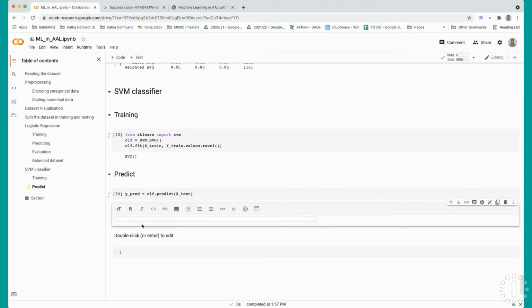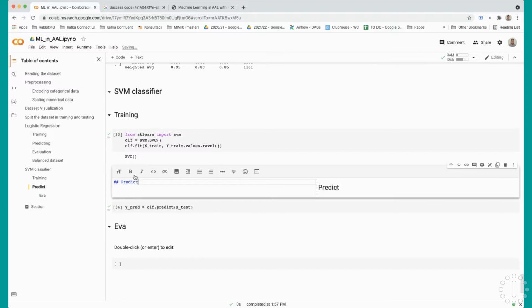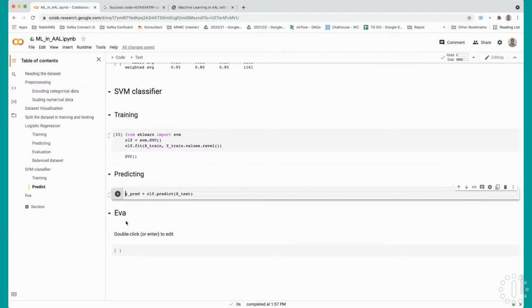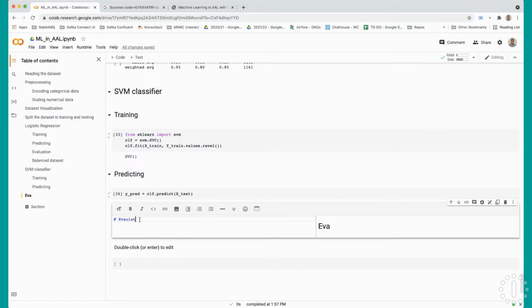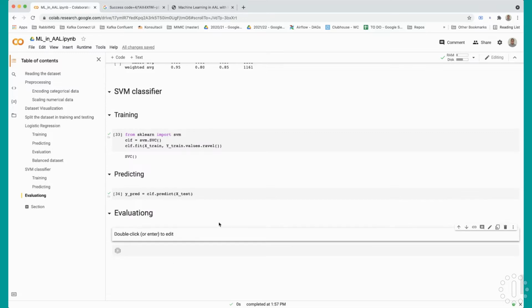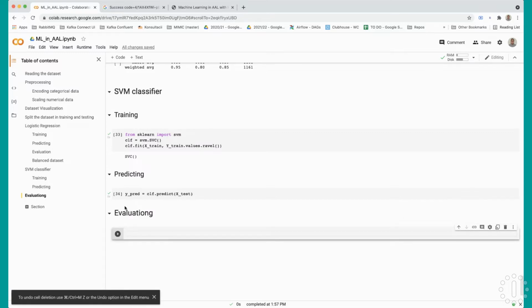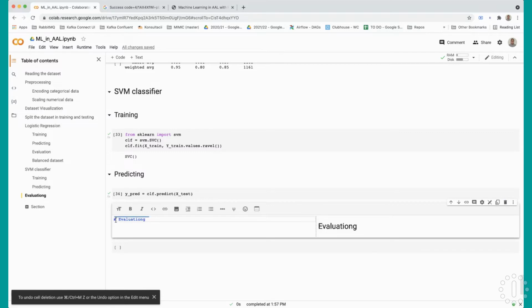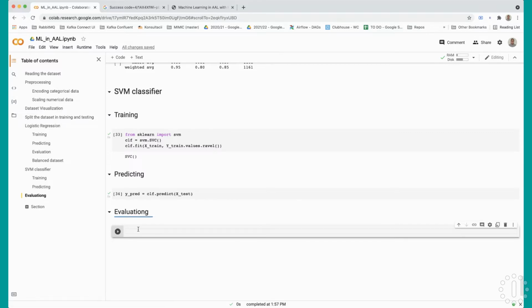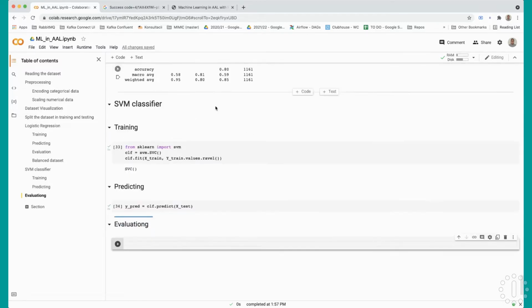So let's just think, evaluating. Okay, just delete this. There are several ways to evaluate the algorithm, as seen in the previous example.